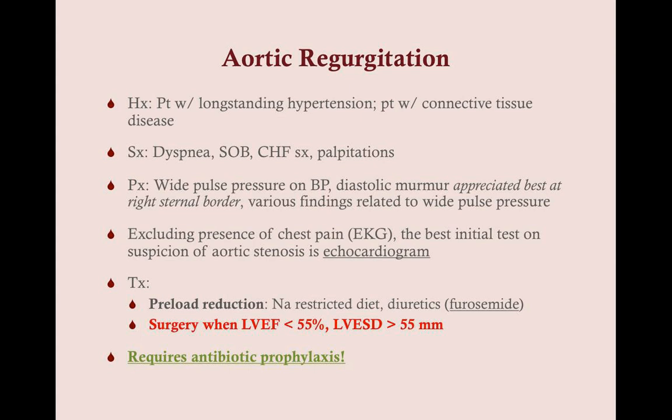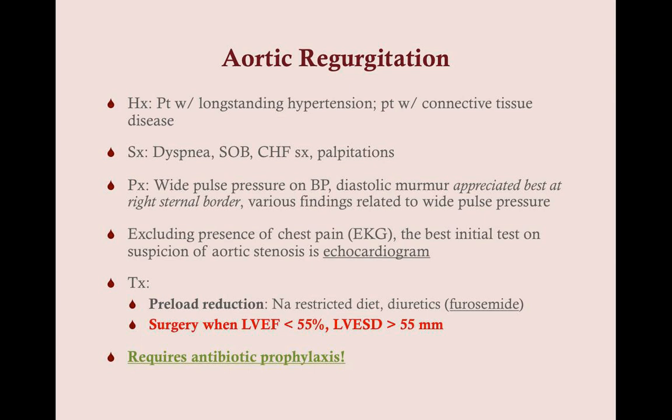But if they exercise or if their blood pressure goes up for any reason, you might see 160 over 70 or 180 over, that should not happen. The systolic should be higher than the diastolic, of course, but they shouldn't be to the point where it really jumps out at you and you're like, wow, did the nurse take that right? So you'll have a wide pulse pressure on your blood pressure.